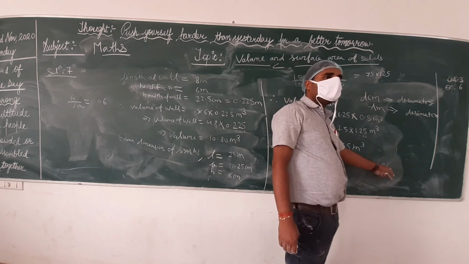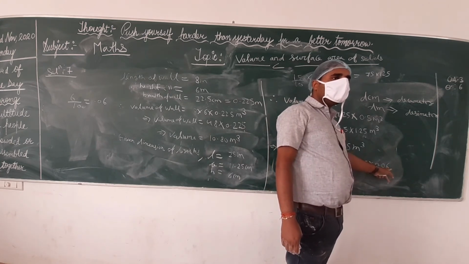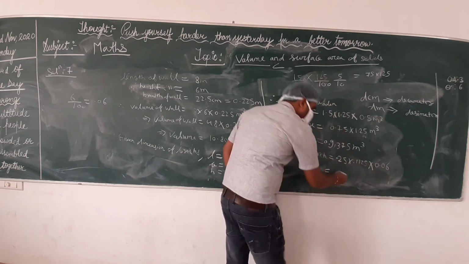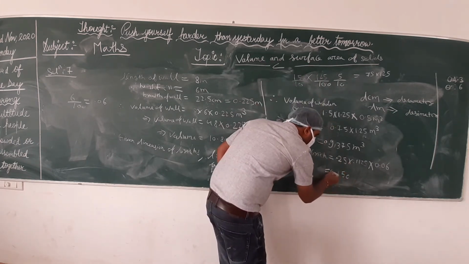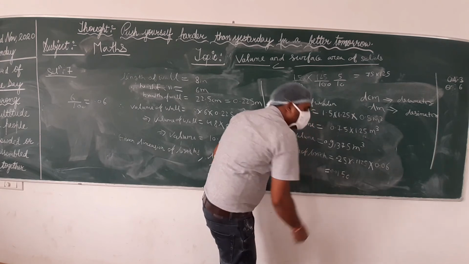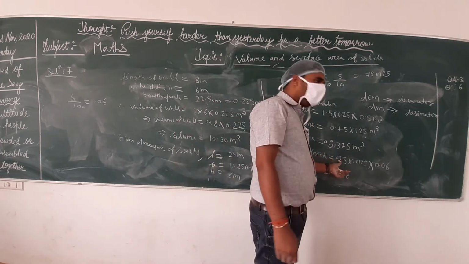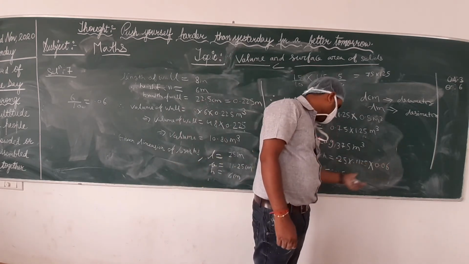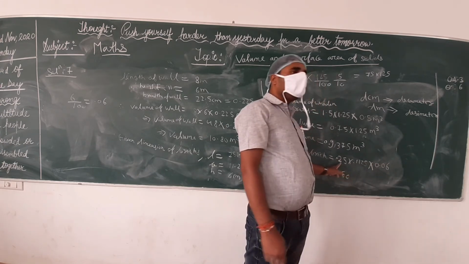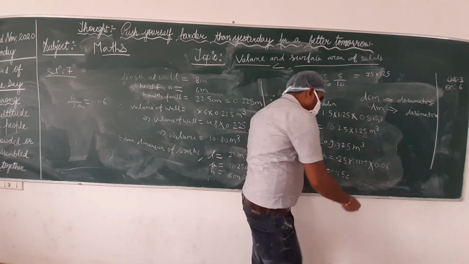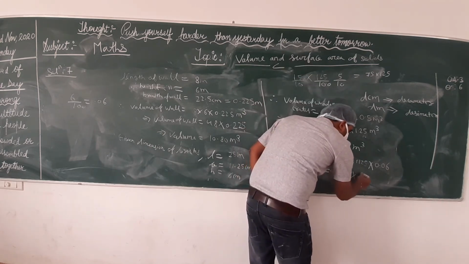25 times 6 is 150. But how many zeros do we have to put? 0.0150. 0.25 into 0.06 equals what? 0.0150. Clear, anyone any problem? Multiplied by 0.1125.